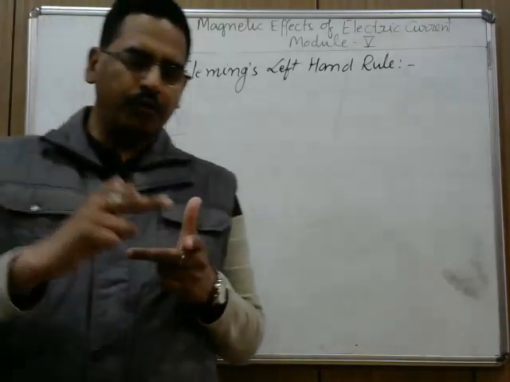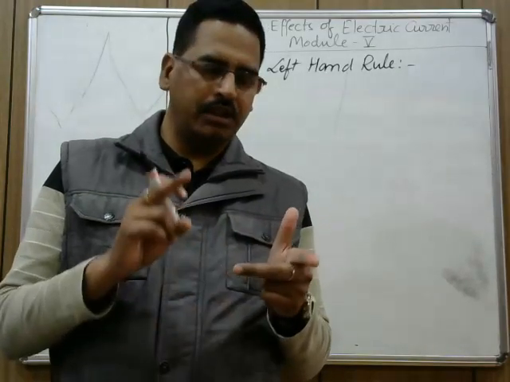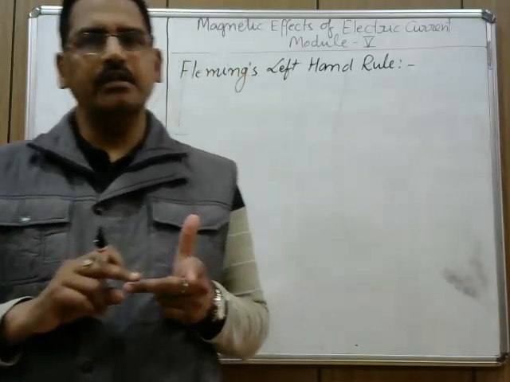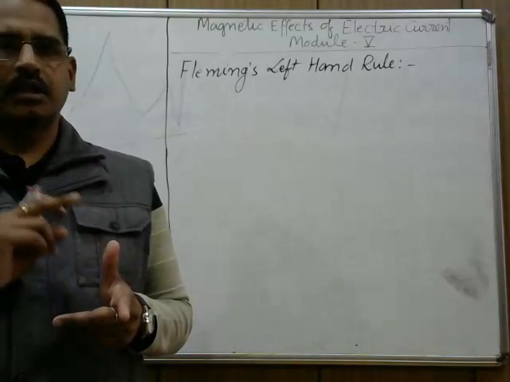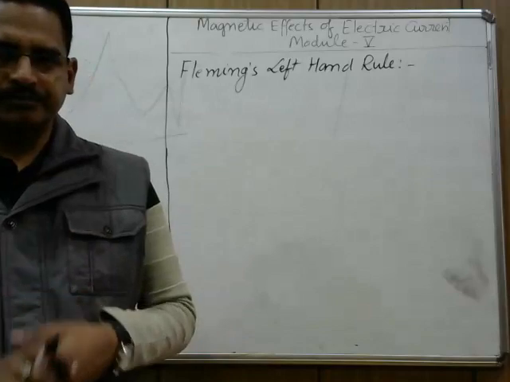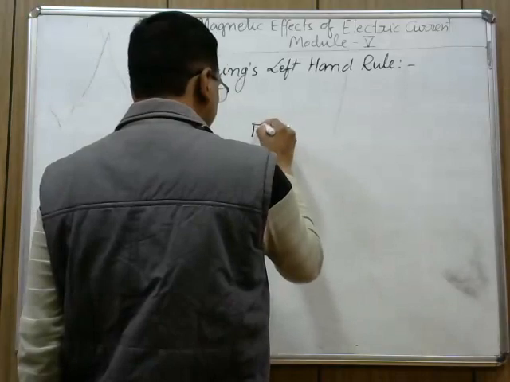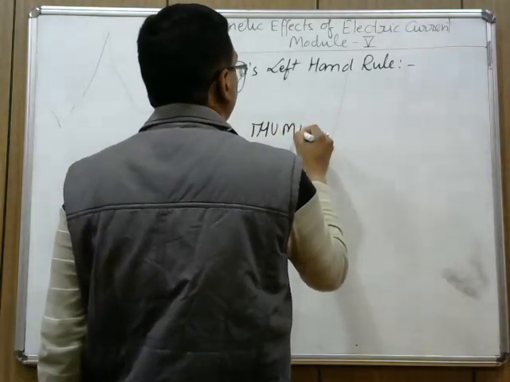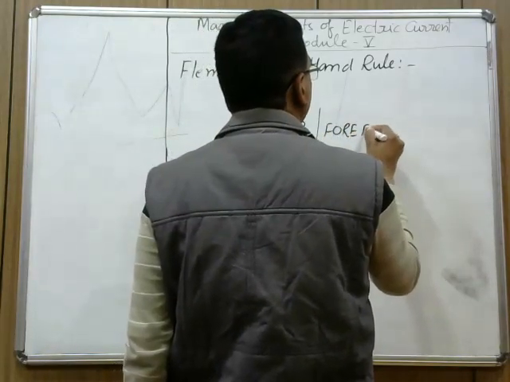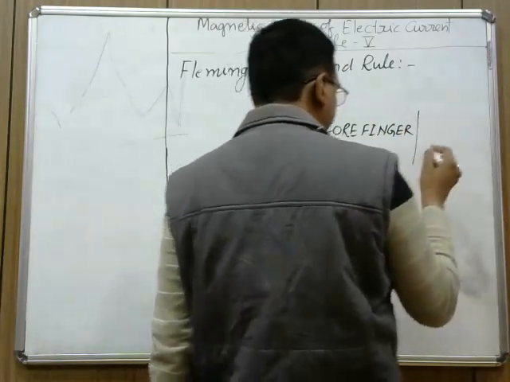If forefinger is pointing in the direction of magnetic field and middle finger is indicating the direction of current, then thumb will show the direction of force on the current carrying conductor. See, we are using 3 fingers in this: thumb, next to thumb is forefinger, and next to forefinger is middle finger.